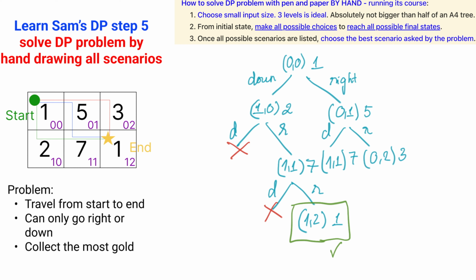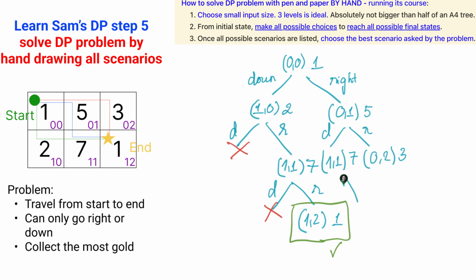Next, we're gonna keep making all possible choices from 1, 1 and 0, 2 to reach all possible final states. So when we're at 1, 1, like here, we can decide to go down or go right, just exactly as what we did here.